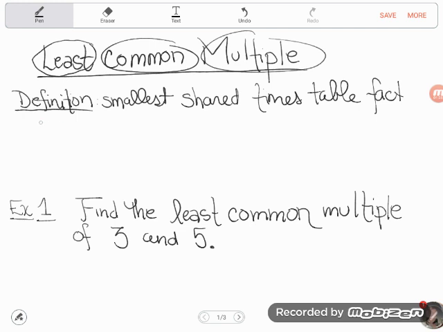So for example, if I were talking about the multiples of 8, I would be talking about 8's times table. So 8 times 1 is 8, just the answers. 8 times 2 is 16. And you might be saying, Kate, I don't know my 8 times tables.